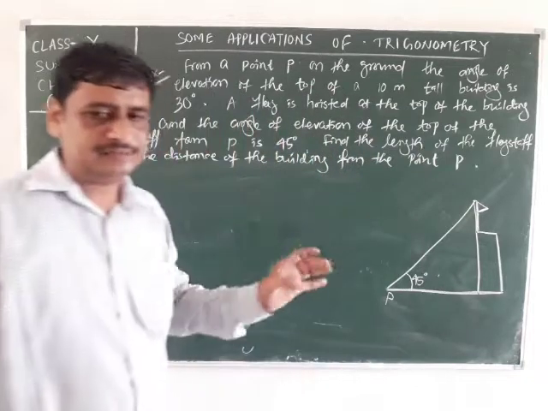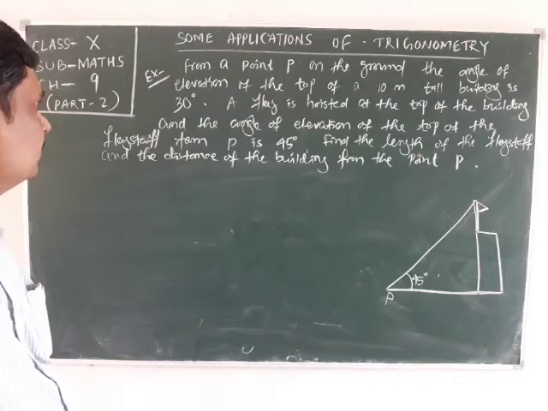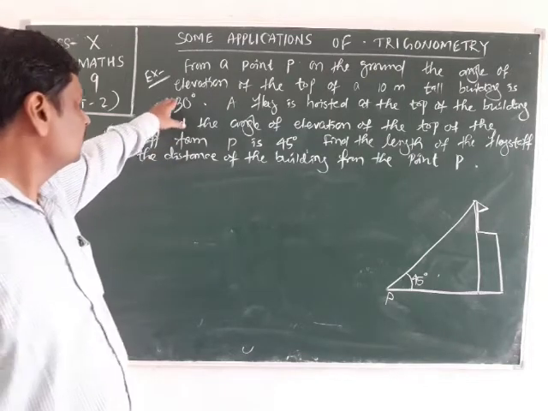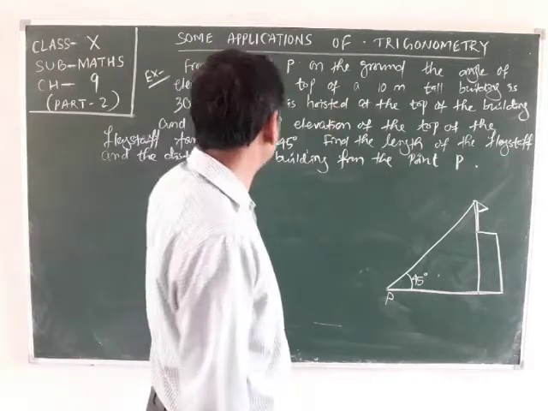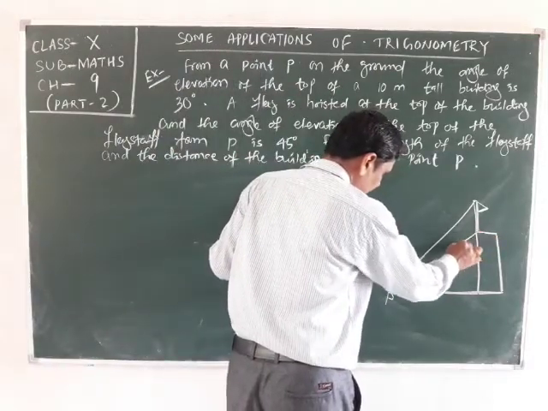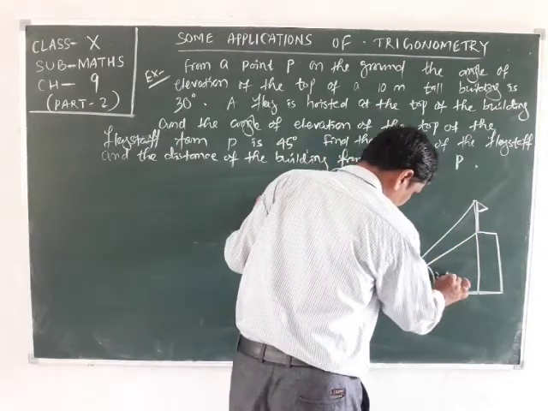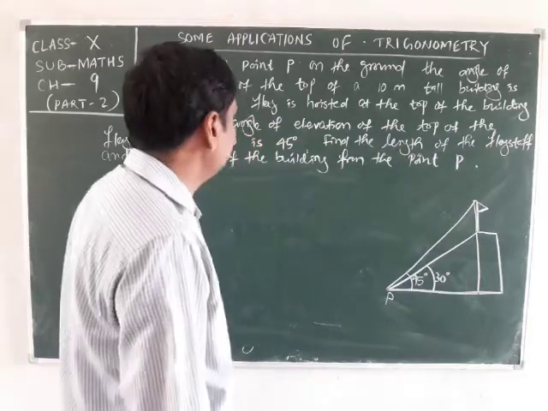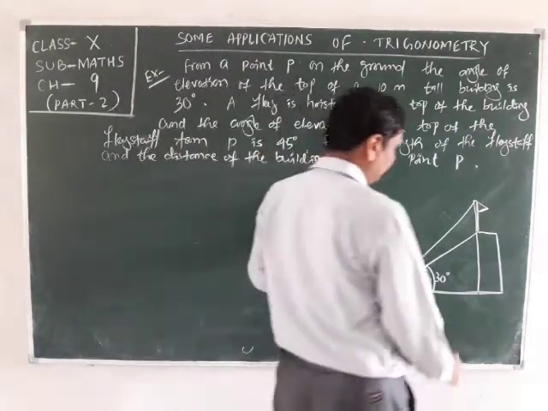This angle is 45 degrees. And the angle of elevation from the point P to the top of the building is 30 degrees. And it is given the height of the building, that is 10 meters.